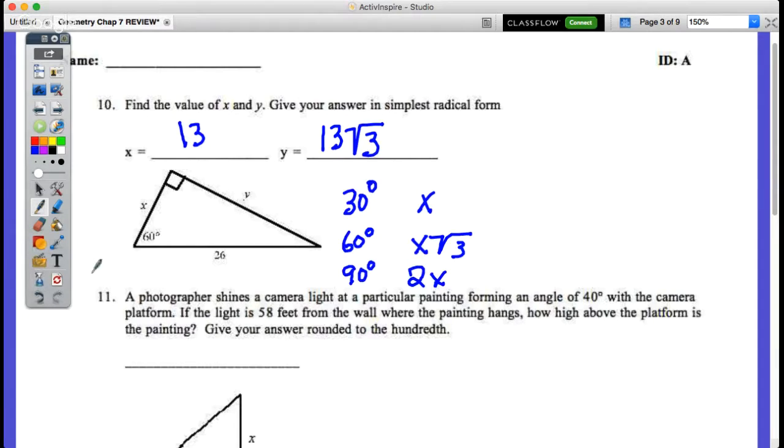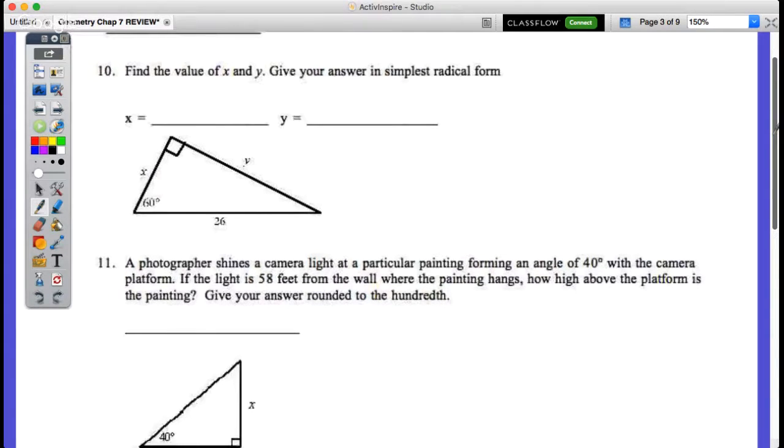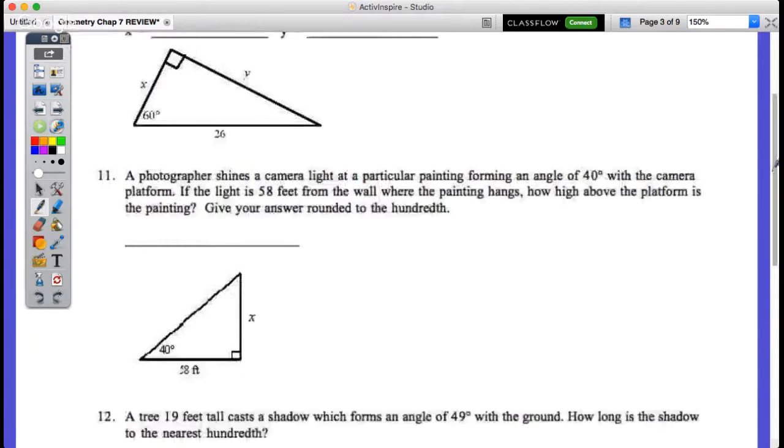Who wants to read to me problem 11? A photographer shines a camera light at a particular painting, forming an angle of 40 degrees with the camera platform. If the light is 58 feet from the wall where the painting hangs, how high above the platform is the painting?